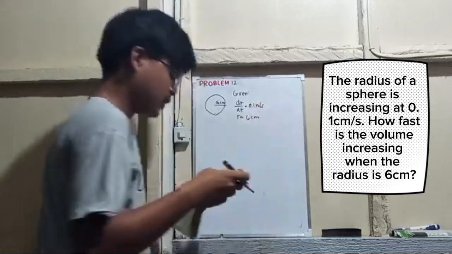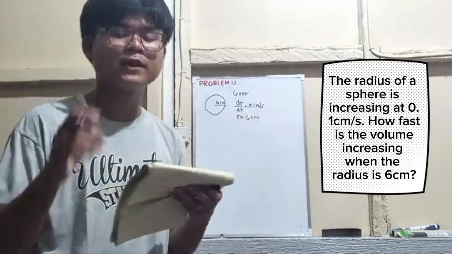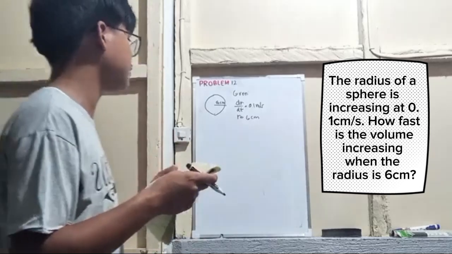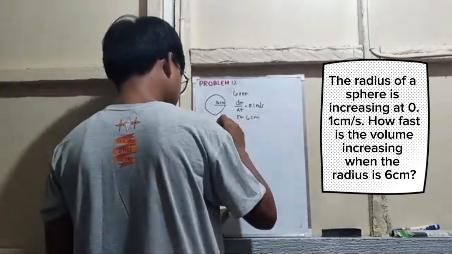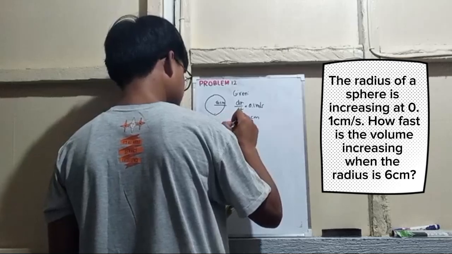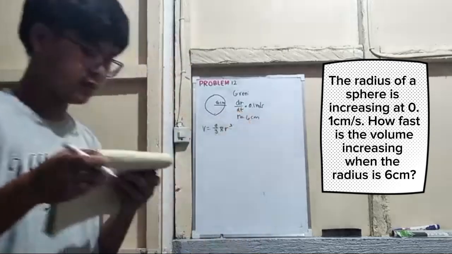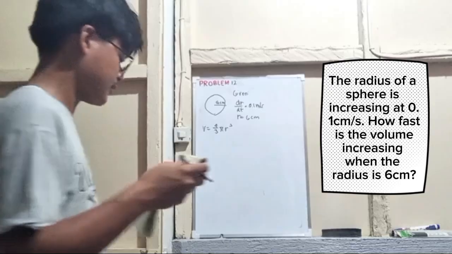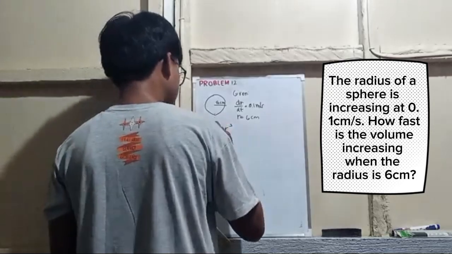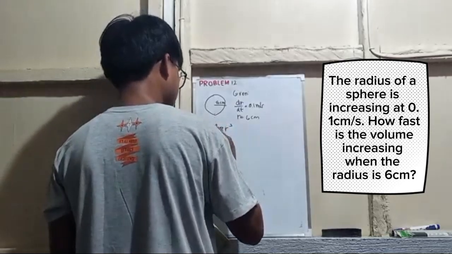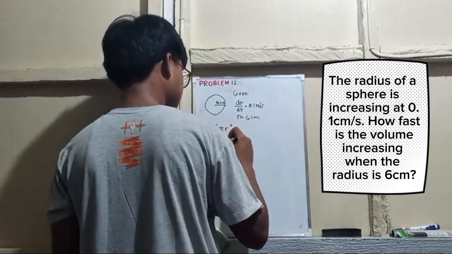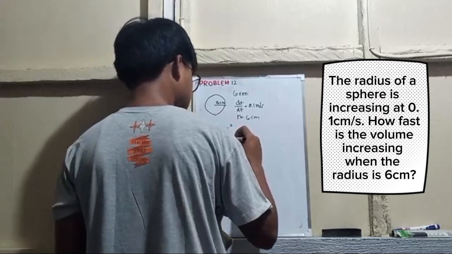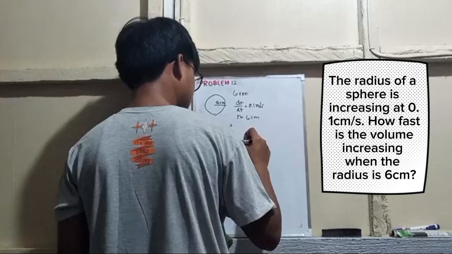Now, we all know that the formula for the volume of a sphere is equal to 4/3 pi r cubed. Now we'll differentiate the formula. So we will have dV/dt equals 4 pi r squared dr/dt.